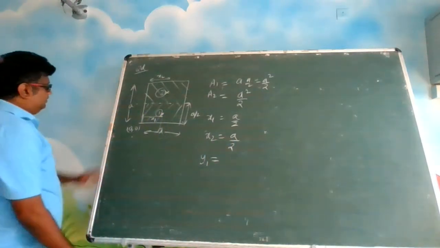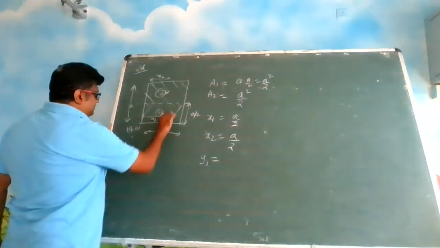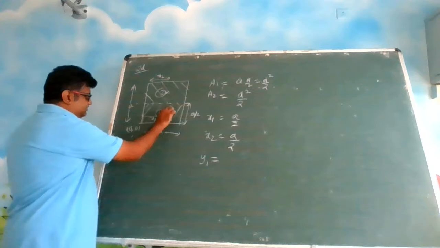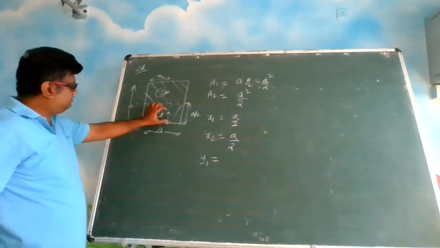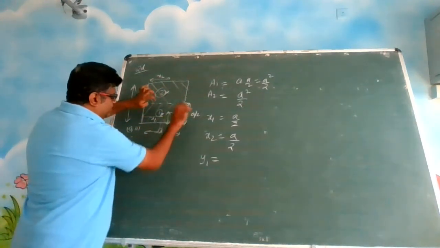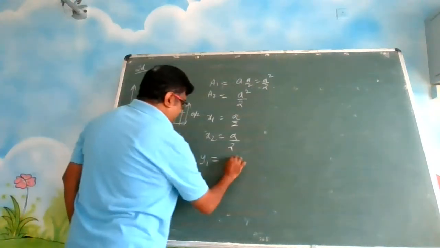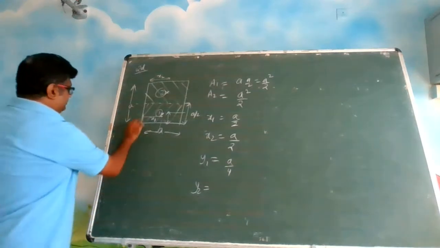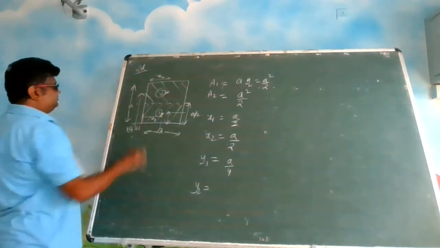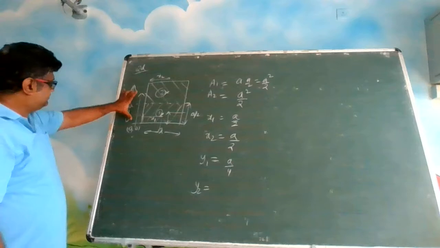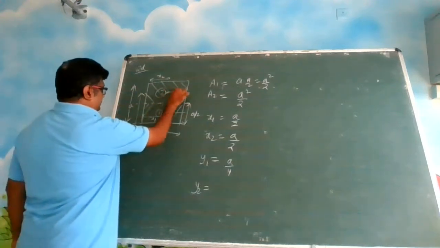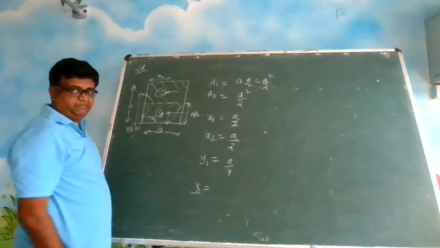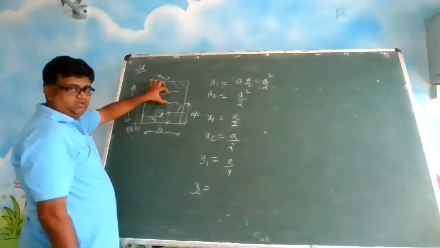Y1 of area 1. So what will be y1? Is it not this dimension? It is not. It is this dimension. What is this dimension? This is A by 2. A by 2 का आधा, so A by 4. What is y2? Y2 is from here to this dimension. See, from here to here, अगर ये 2 को सेपरेटली देखोगे, इतने हाइट में होगा.